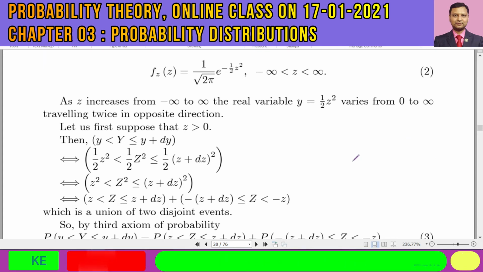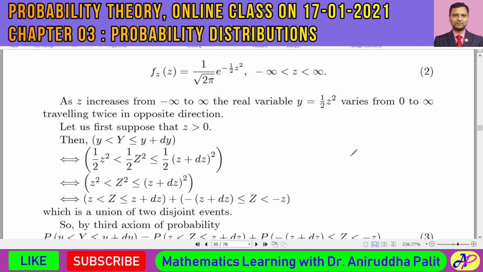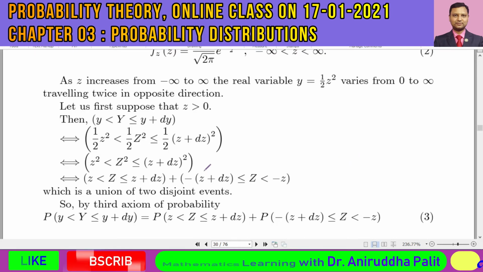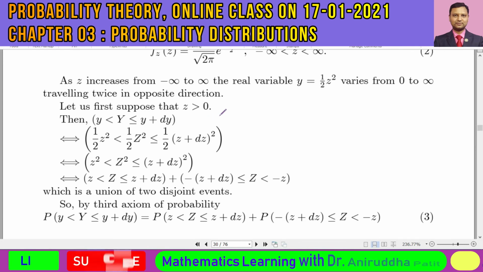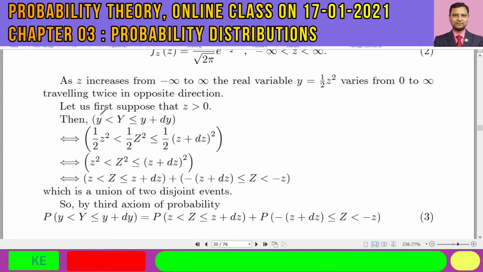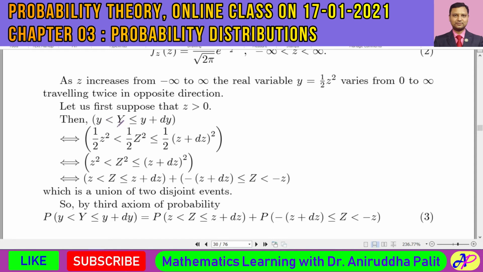So what we do is investigate the nature of y. You see over here, suppose the random variable capital Y varies between y and y plus dy, where dy is a small quantity.